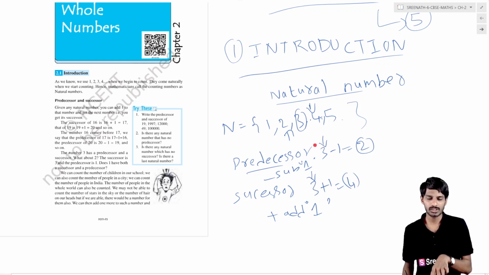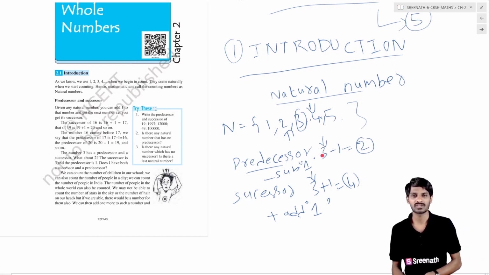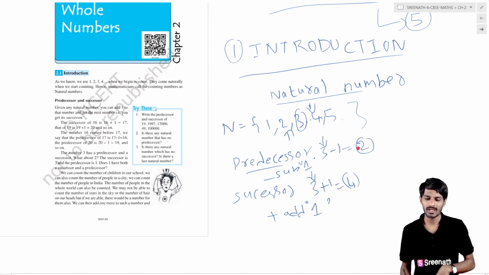And what is the predecessor of 3? If you subtract 1 from any number, you get the predecessor of that number. So by subtracting 1 from 3, you get 2. Basically, successor is the next number, predecessor is the before number. On the number line, the successor is always on the right side, the predecessor is always on the left side.